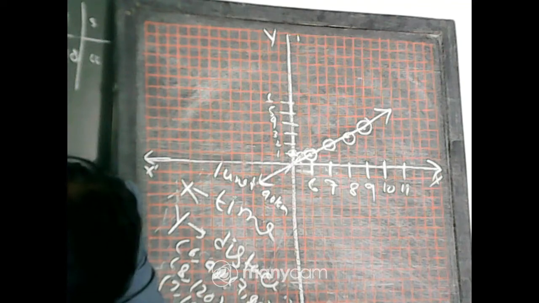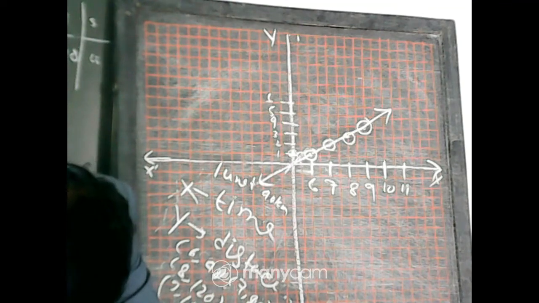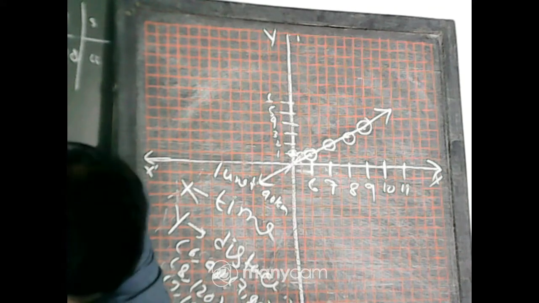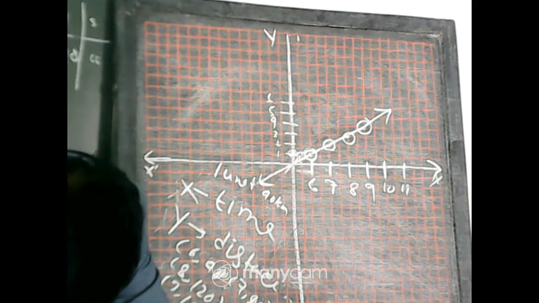Now, students, some questions have been asked in part 2. Two questions are there. From the graph you have to answer.